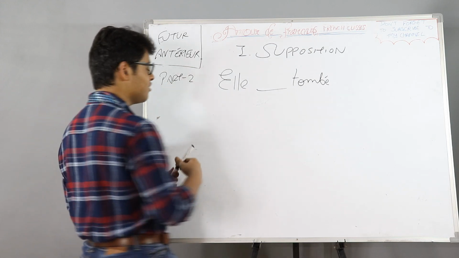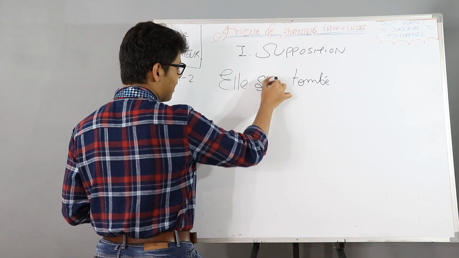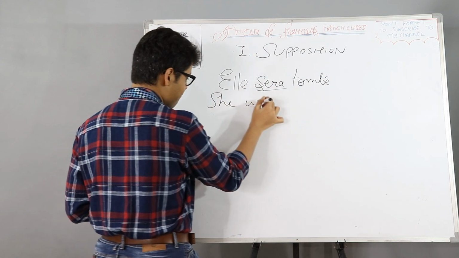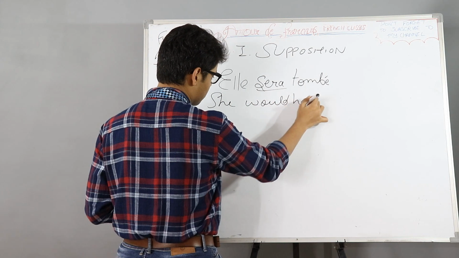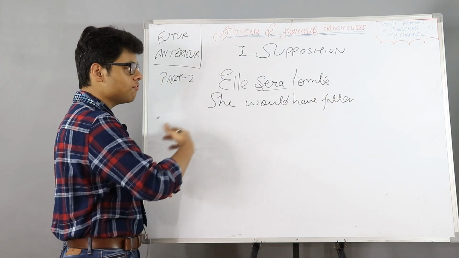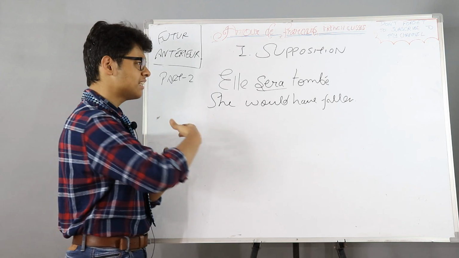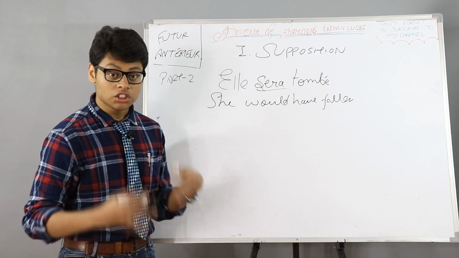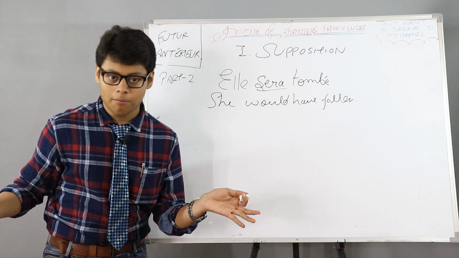So we will have être right here. So elle sera tombée, she would have fallen. Like you are supposing, she hasn't fallen yet. You are just supposing she would have fallen. Elle sera tombée.